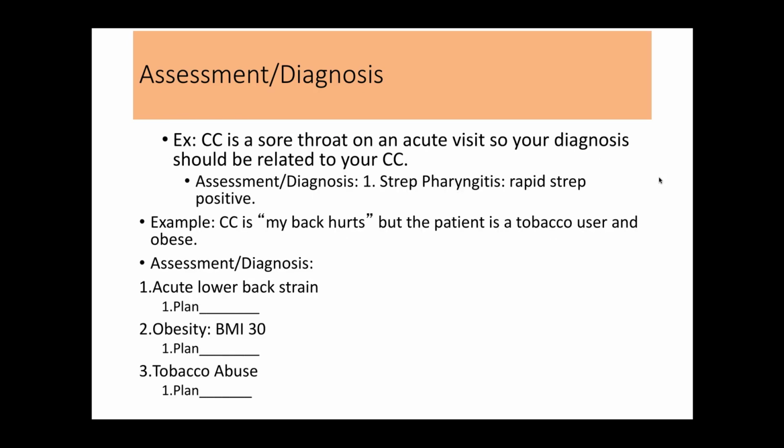This is an example that I put here for you. Example, chief complaint, my back hurts, but the patient's a tobacco user and obese. So, assessment diagnosis, acute lower back pain, that's the first one. Then what's your plan going to be? Obesity, BMI's 30, your plan, tobacco abuse plan.